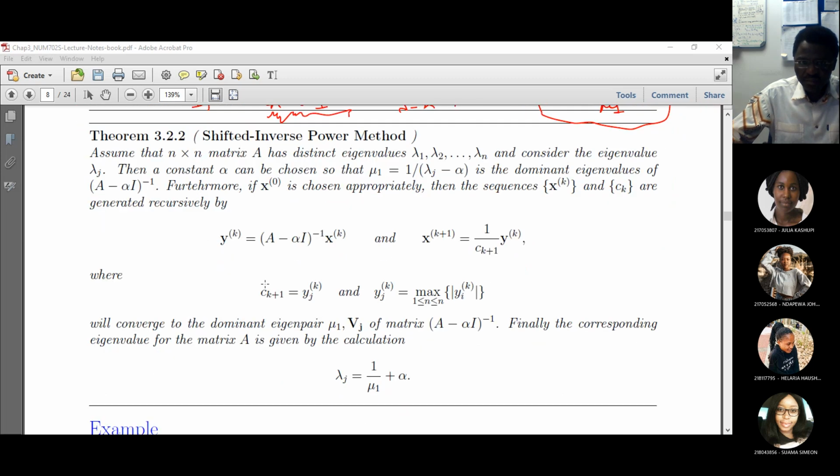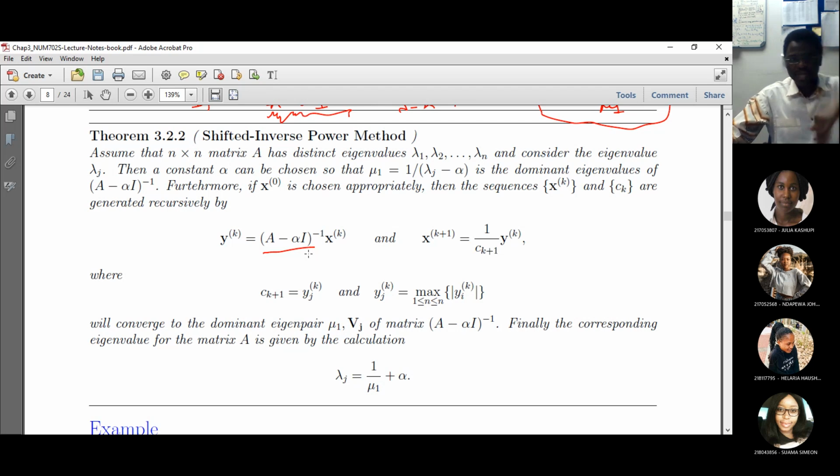Remember that this is the inverse, which is equivalent to solving a linear system, right? This is a notation, but it doesn't mean that you compute the inverse. It means that you solve the linear system A minus alpha identity times yk equal to xk, and you get yk. This is just a notation.